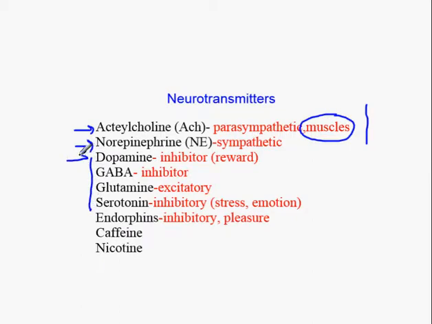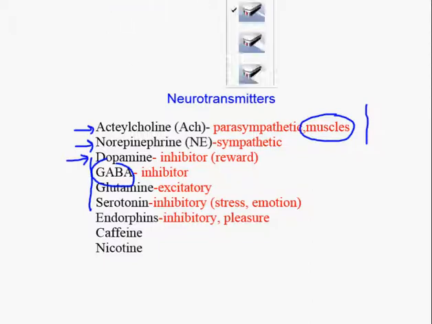There's dopamine. Dopamine is the reward neurotransmitter. What do I mean by that? It means that when you release dopamine, you feel like, wow, whatever I'm doing must be the right thing. It's a reward. It's kind of a pat on the back. Then you have GABA, the major inhibitor. It acts on other cells to stop them from releasing neurotransmitters.